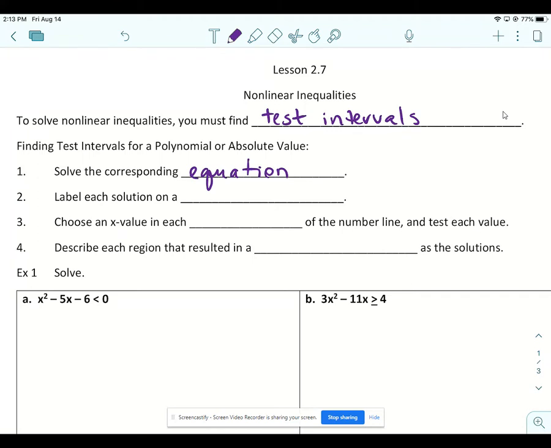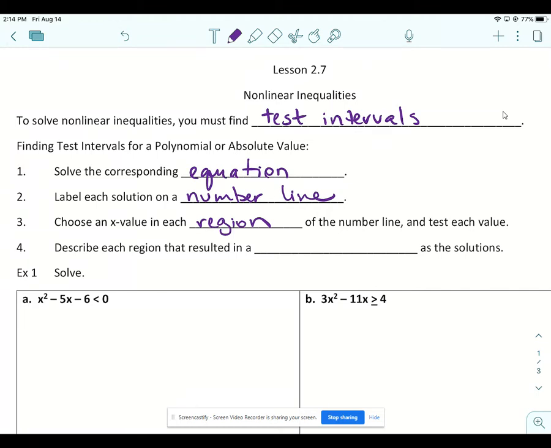So then we're going to label each solution on a number line. Then we're going to choose an x value in each region. So your solutions are going to divide up your number line into multiple regions.